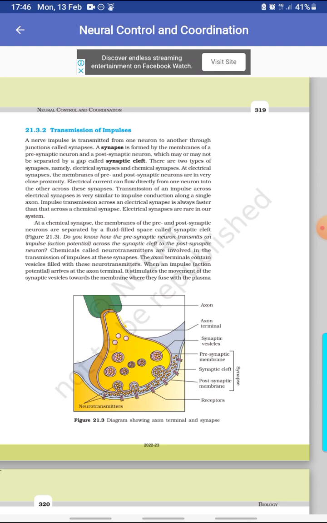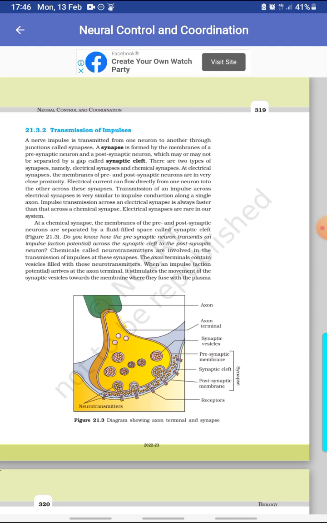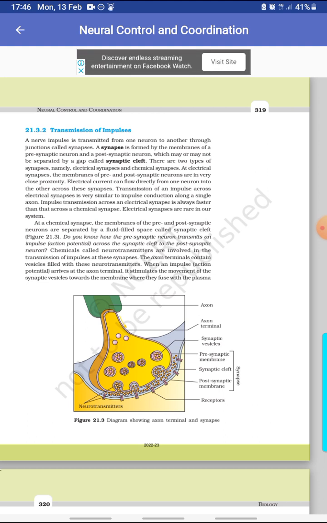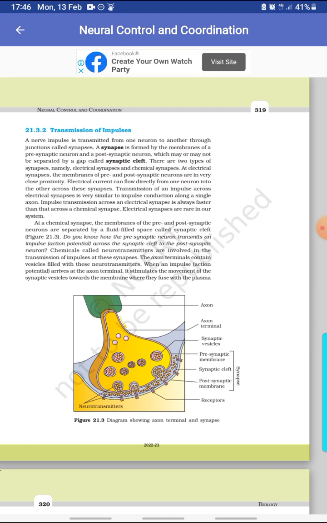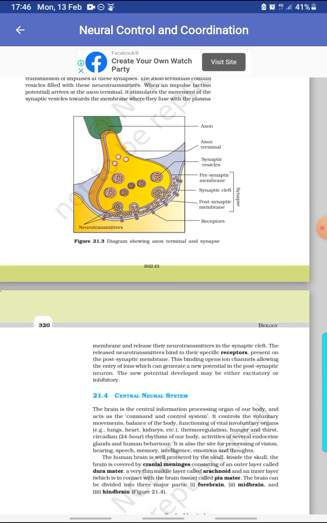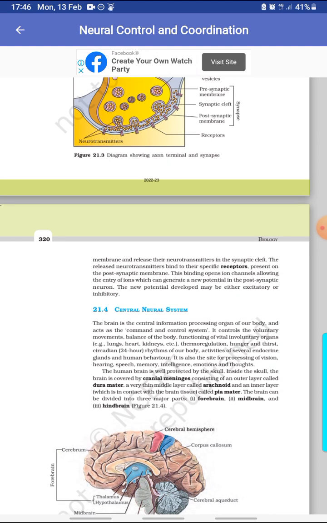The axon terminals contain vesicles filled with these neurotransmitters. When an impulse or action potential arrives at the axon terminal, it stimulates the movement of the synaptic vesicles towards the membrane, where they fuse with the plasma membrane and thus release their neurotransmitters in the synaptic cleft.